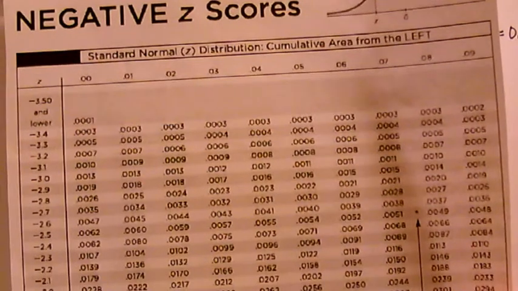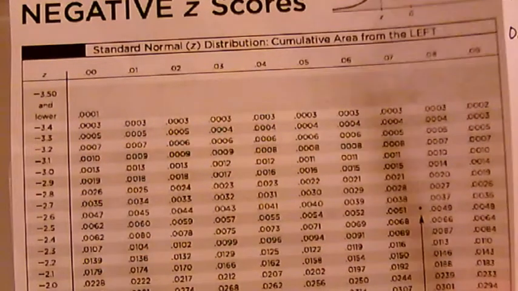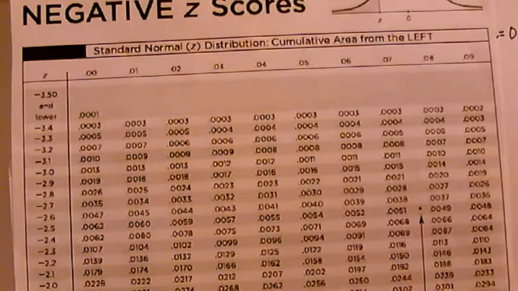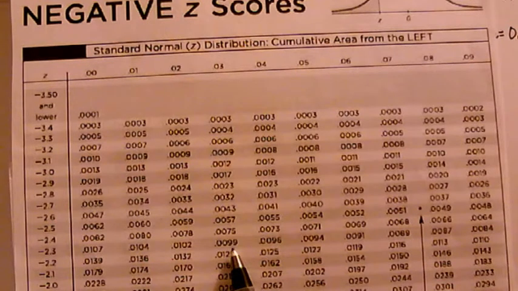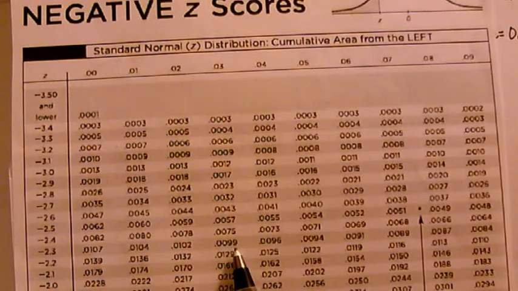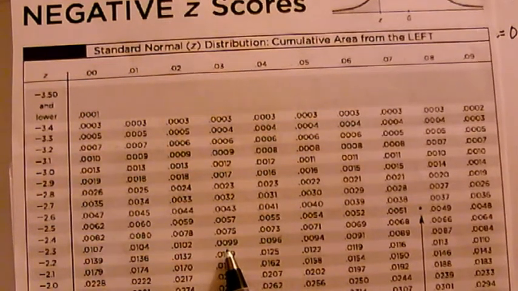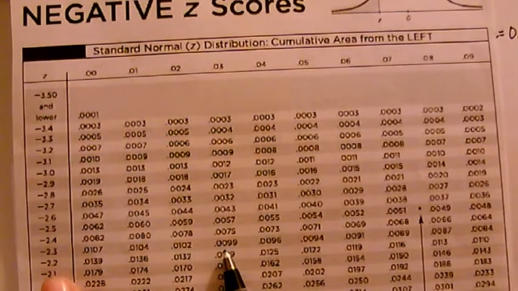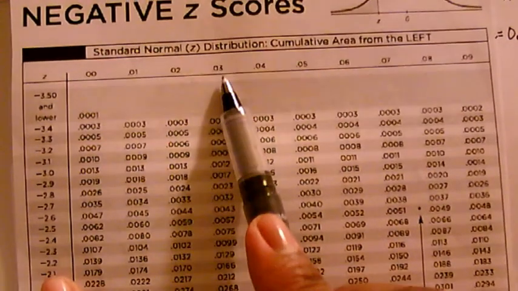You need to look in the body of the table and find a value close to 0.0100. I found 0.0099, which is a little bit less than 0.0100. So let's use 0.0099. Let's read the row and the column it's in. In this case, it's negative 2.3 and then 3.